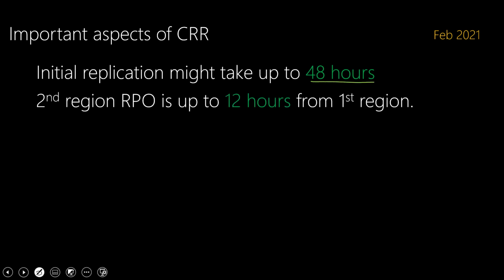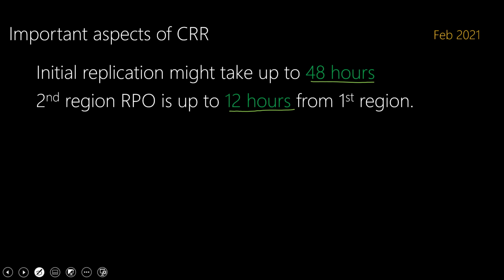Okay, there is more. The initial replication, once you enable CRR, might take up to 48 hours. But once it is running every day, the recovery point objective for the replication of each one of the backups is up to 12 hours from the first region to the secondary region.